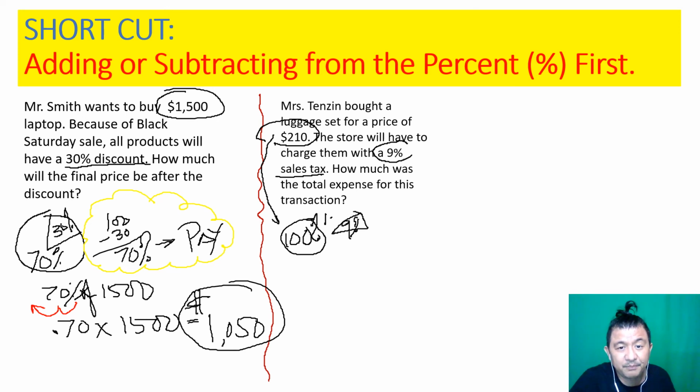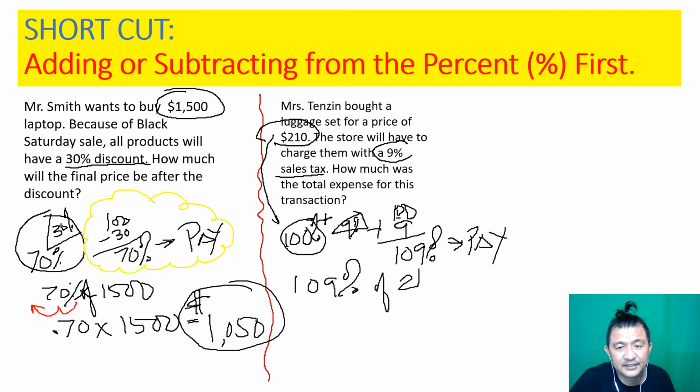Okay, so you're paying that again. So let's just do 100 now plus the additional 9%, that becomes 109%. This is what you will pay. Okay, so let's write it down. 109% of 210. Let's do the decimal to the left, to the left. That becomes 1.09 times 210.